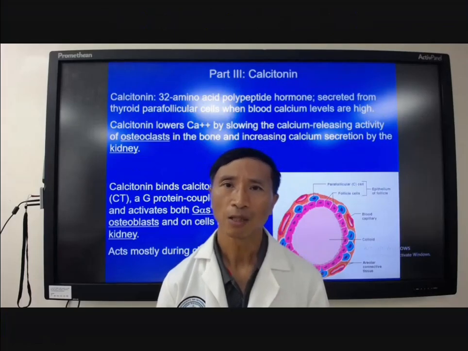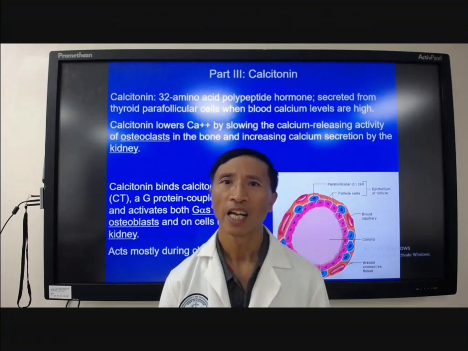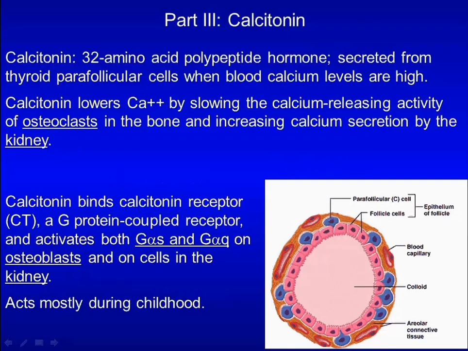Finally, let's look at calcitonin. Calcitonin is a 32 amino acid polypeptide hormone. Here is a follicle from thyroid gland, and this is a parafollicular C cell. Calcitonin is secreted from parafollicular C cells when blood calcium levels are high.